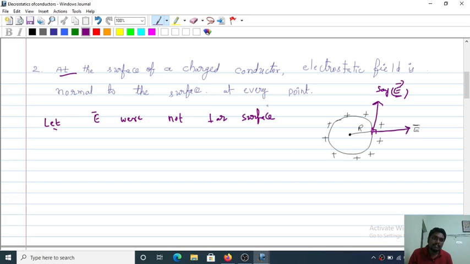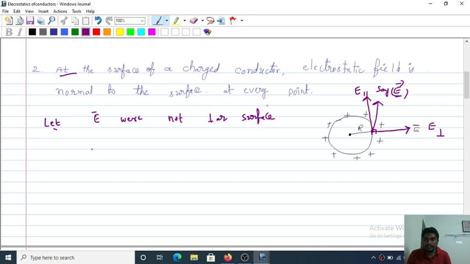Then we have two components. We can resolve it into a tangential component, along the surface, and a perpendicular component. So I divided this electric field into two components when it was not normal.